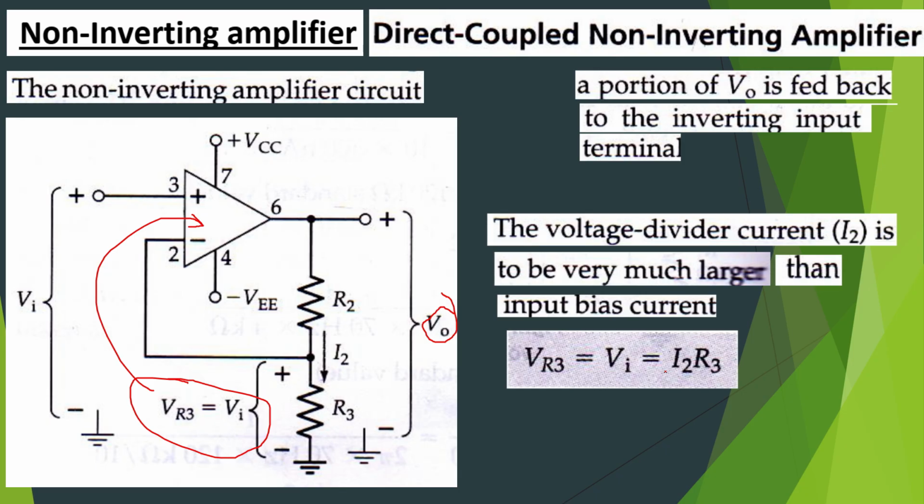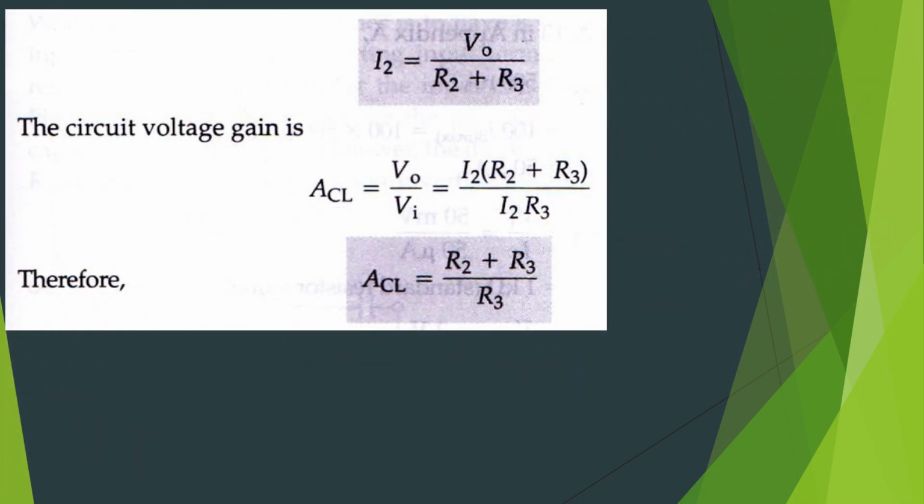The voltage divider current I2 is to be very much larger than the input bias current. Hence, VR3 equal to VA equal to I2 R3. I2 equal to V0 divided by R2 plus R3.